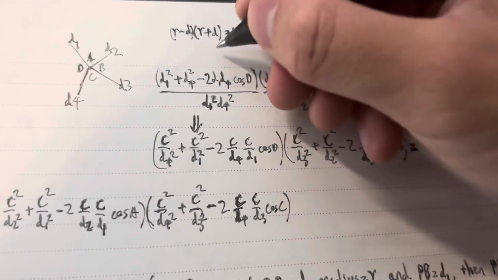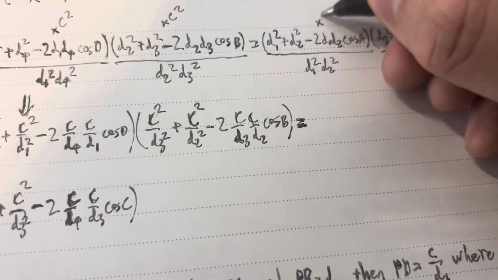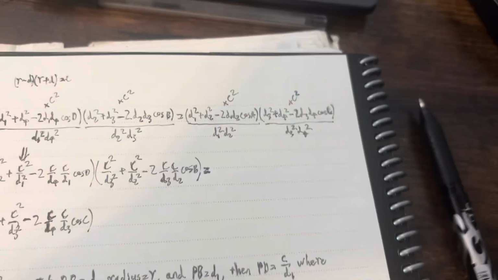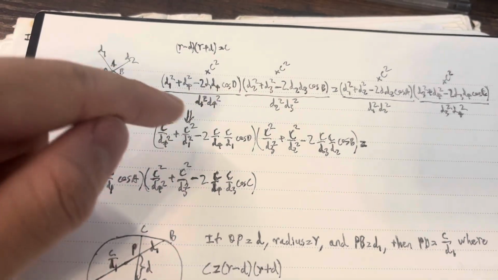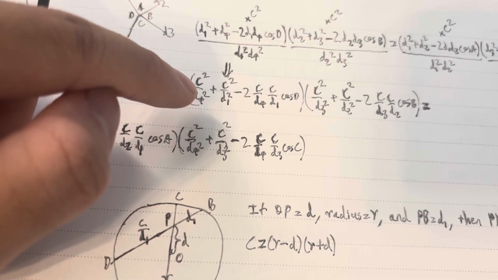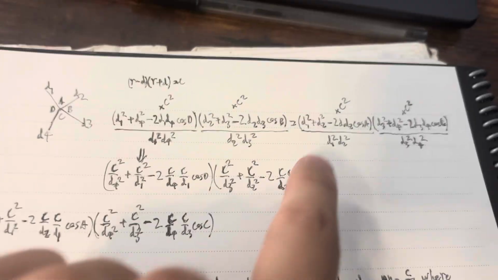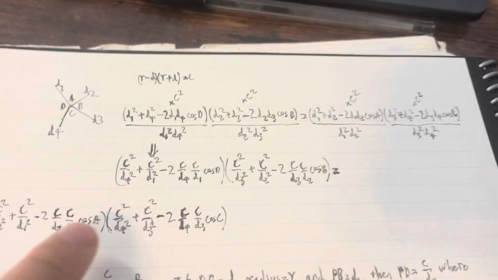So when I do that, I get exactly these terms: this one becomes this, this term becomes this, and then this term becomes this.